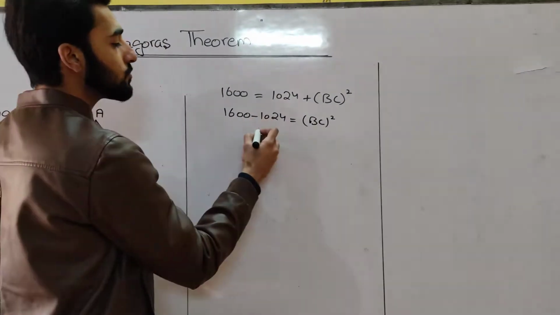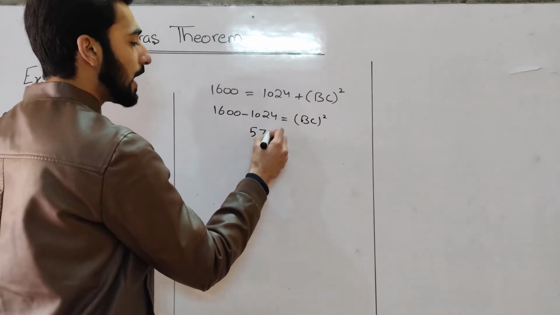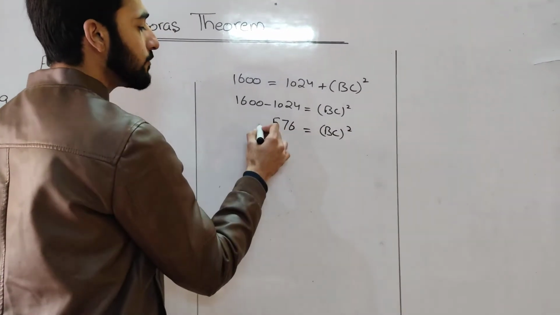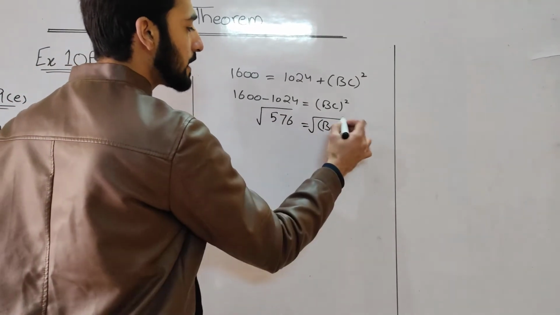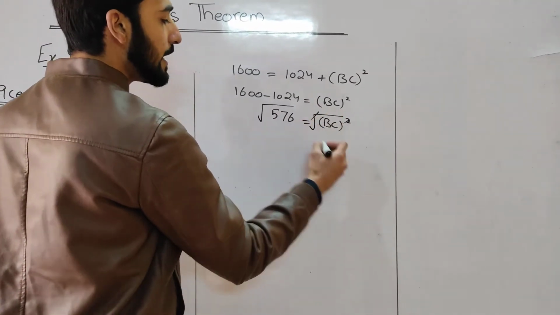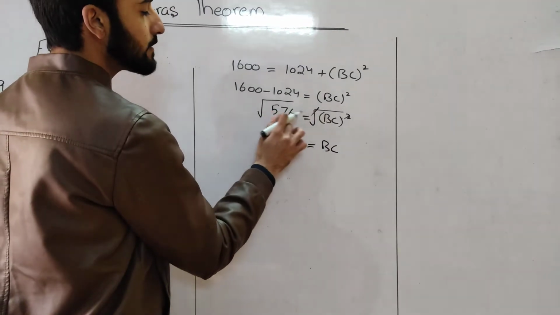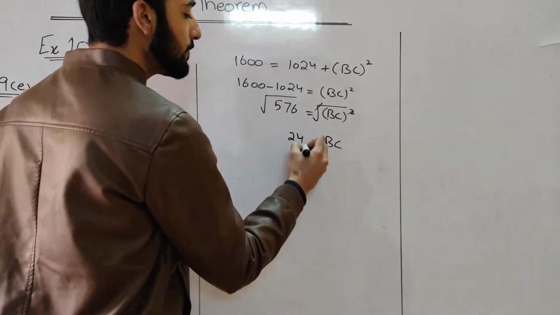The subtraction gives 576, which is the square of BC. Taking the square root on both sides, BC remains, and the square root of 576 equals 24.